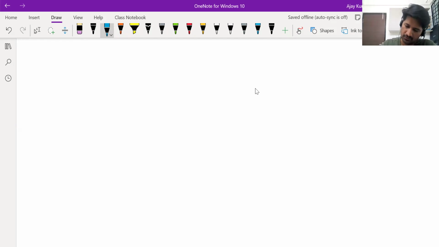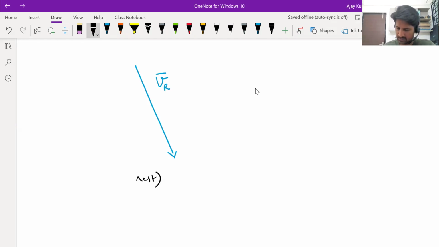And as we just discussed, it's not necessary that raindrops always fall vertically downward. Suppose due to wind or something, the raindrops are actually falling with a velocity like this, at an angle. When the person is at rest, they appear to fall like this. Now, if the person moves to the right, then the velocity of rain with respect to the person is velocity of rain minus velocity of person, right?